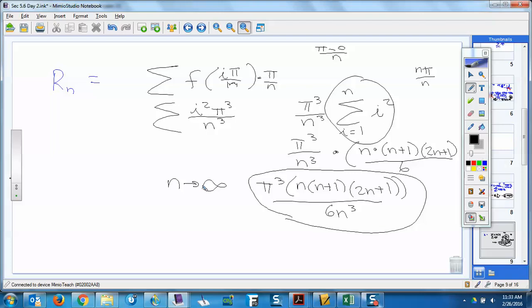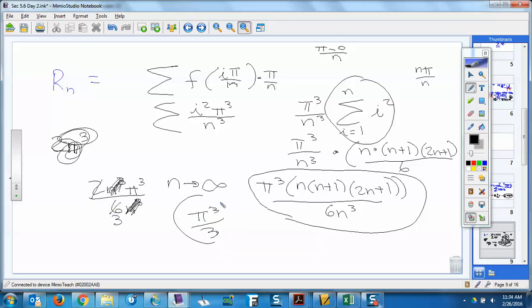When we FOIL this, 2n times n, we're going to have 2n cubed. I'm so excited, I'm just shaking over here. 2n cubed, pi cubed, don't forget the pi cubed, over 6n cubed. The n cubes cancel. The 2, pi cubed over 3.